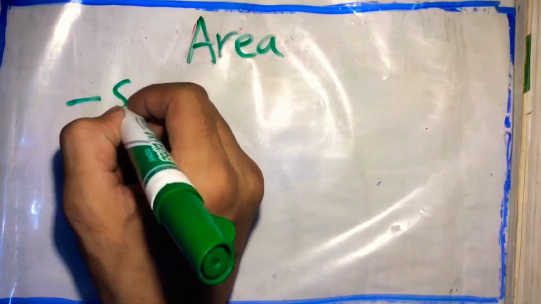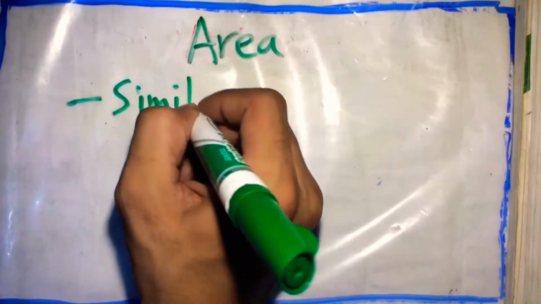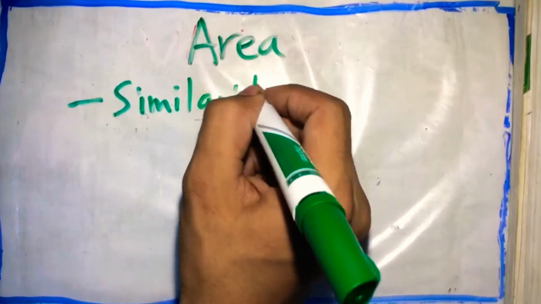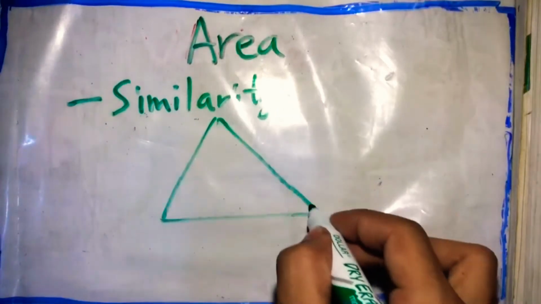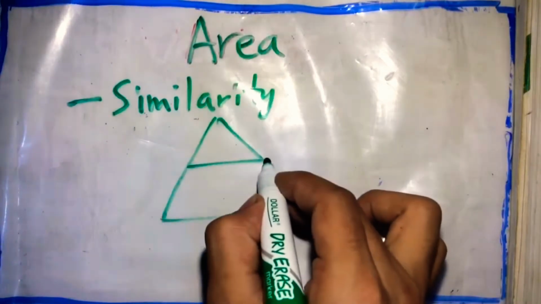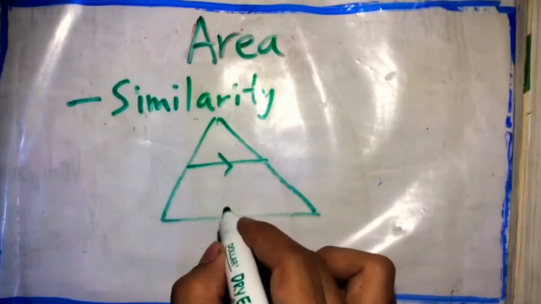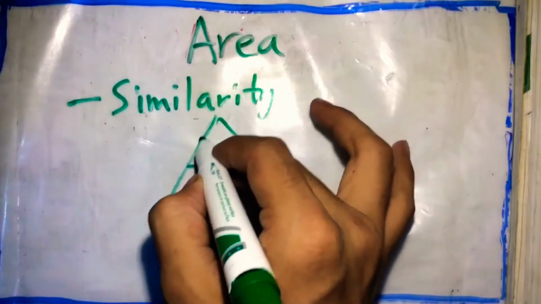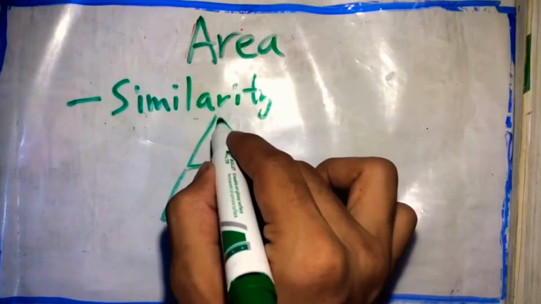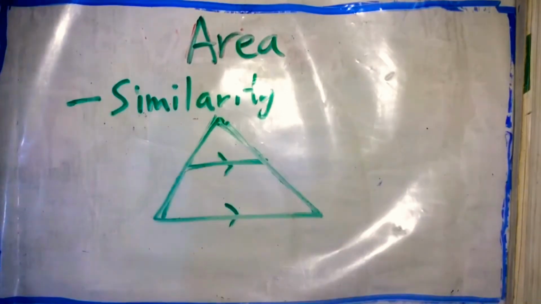Now we're doing area in vectors. So there are 3 types of questions about area in vectors. The first is about similarity. If there are 2 triangles, like a bigger triangle with a smaller one, and these 2 lines are parallel, so this triangle and this whole bigger triangle are similar.